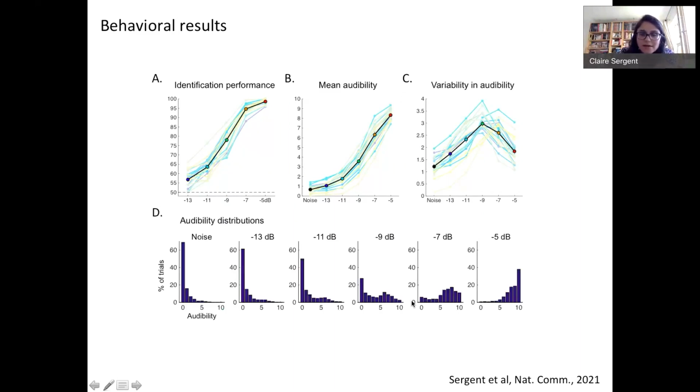And these are the actual distributions behind this pattern of variability. And we see that this burst of variability seems to be occasioned by a bimodal distribution. So it seems that sometimes people rate the same stimulus as not heard at all, and sometimes as quite heard, quite well.